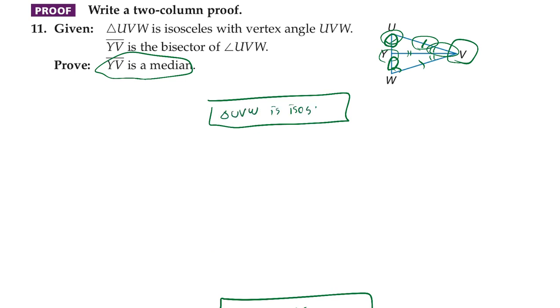I'm not going to write out the whole thing with which is the vertex angle, and that was given. And so that tells us that side UV, picture's getting messy, is congruent to side VW. Okay, that's by the very definition of an isosceles triangle.